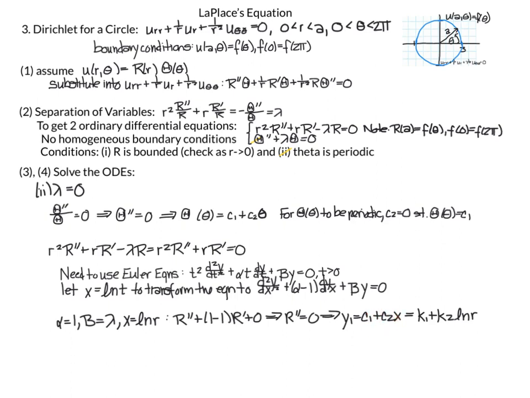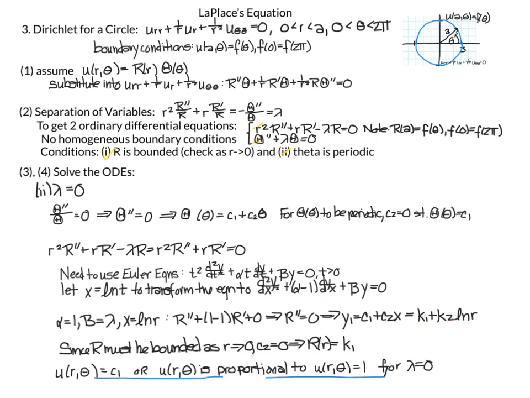And remember, at this point our variable is x because we made this substitution, x equals natural log of r. That's what allowed us to transform our equation to something we could solve. But now we need to go back and plug in x equals natural log of r so that y is equal to k1 plus k2 natural log of r. Okay, so far what we've done is we've solved for theta.